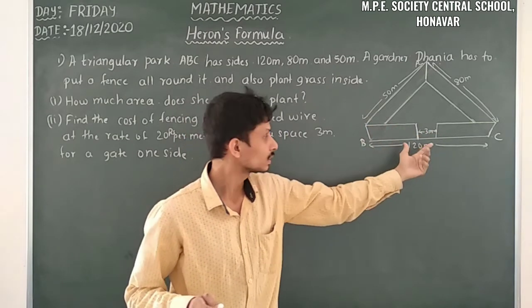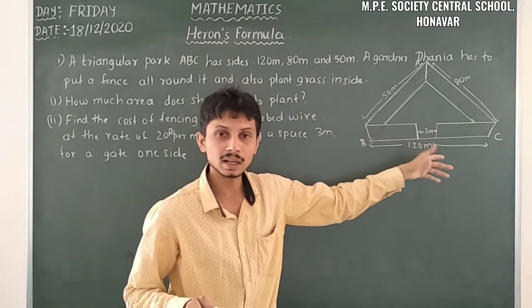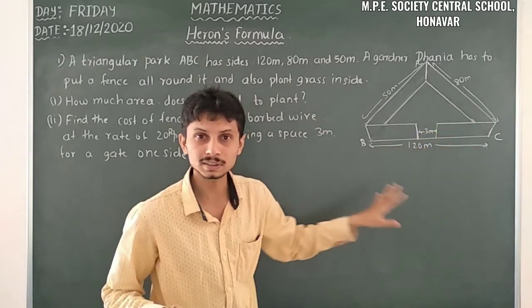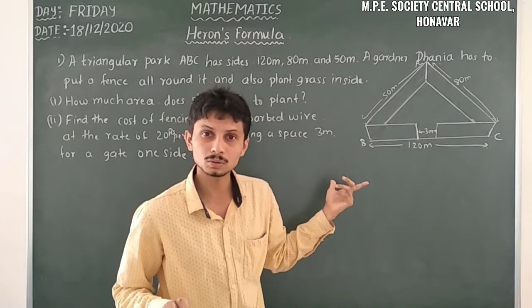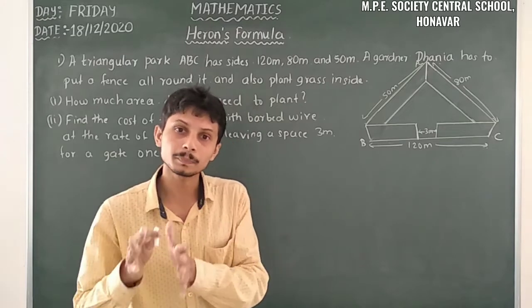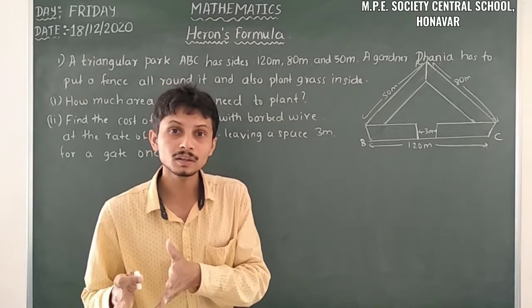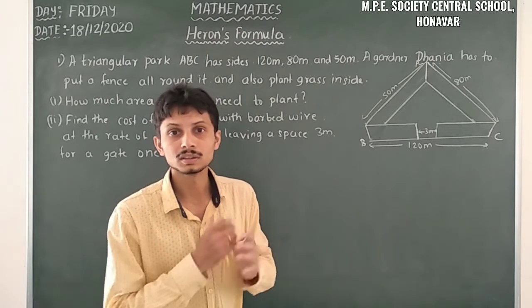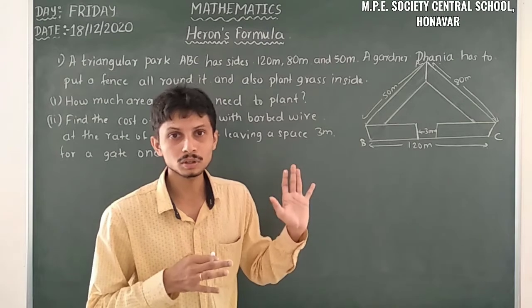Here for the gate she leaves 3 meter, and the remaining part of the triangular park she has to fence. So at the rate of 20 rupees per meter, how much cost does she have to pay? That we have to calculate.